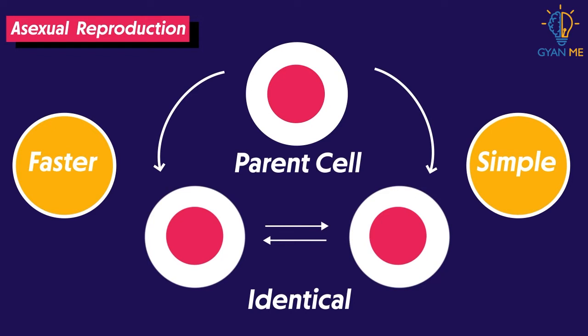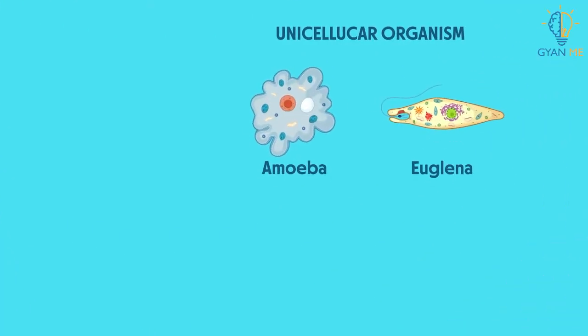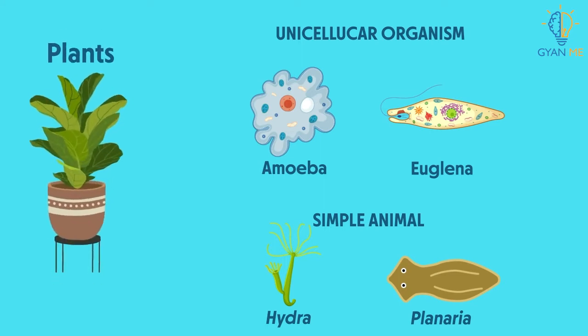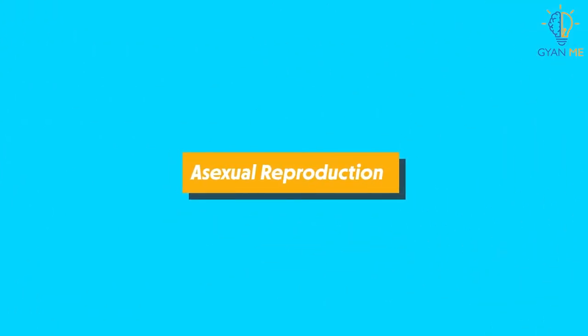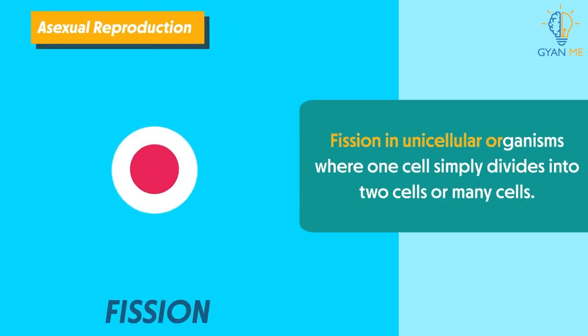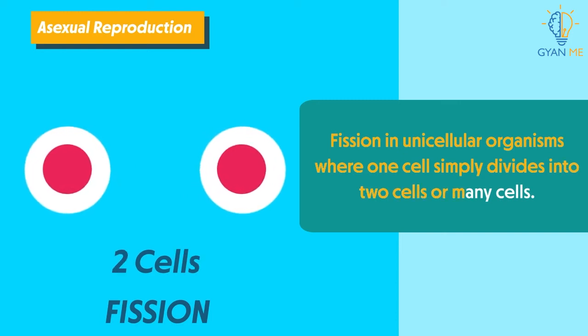It is very common in unicellular and few lower group of animals like amoeba, euglena, simple animals such as hydra, planaria, etc. It is also generally found in lower plants. Various methods of asexual reproduction are fission in unicellular organisms, where one cell simply divides into two cells.